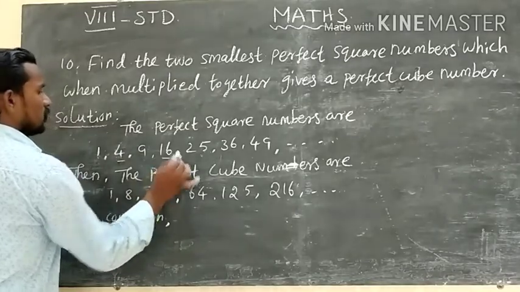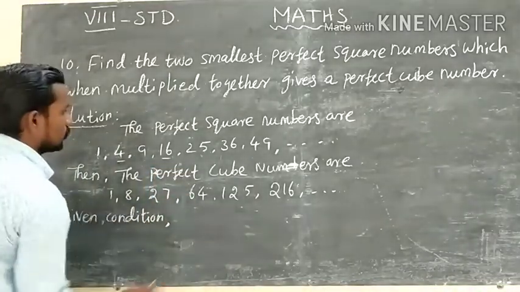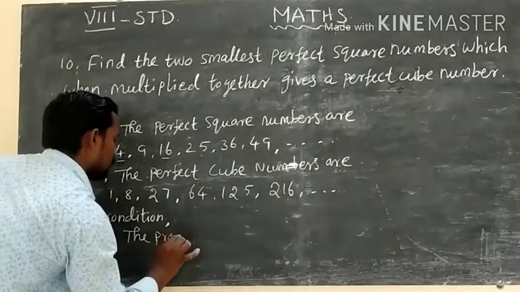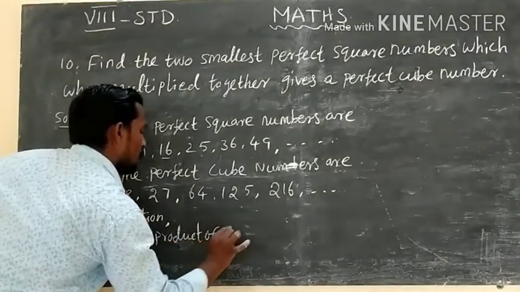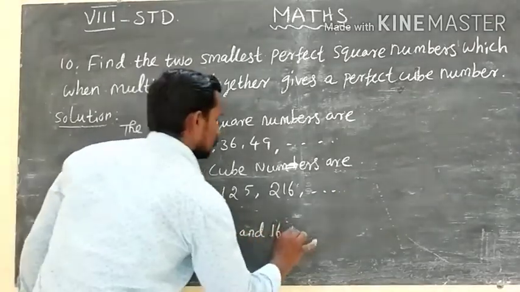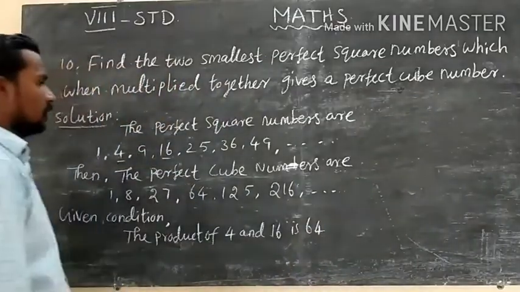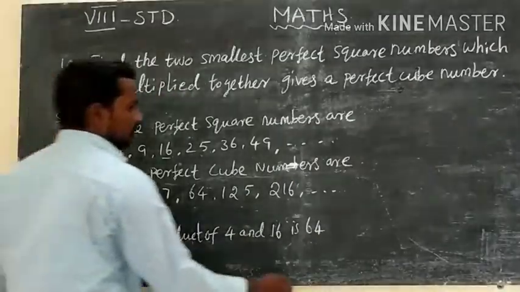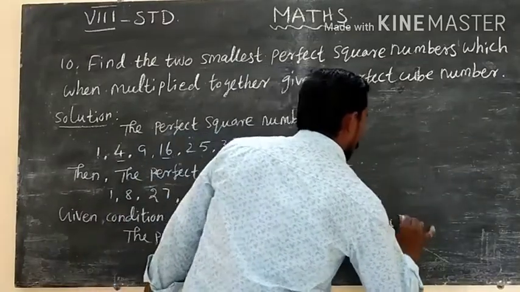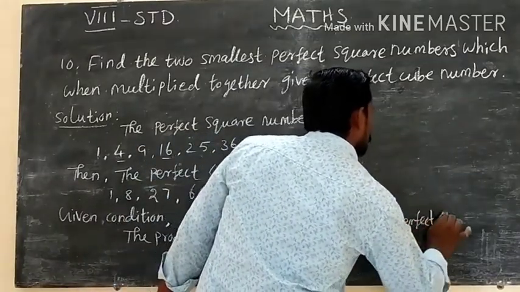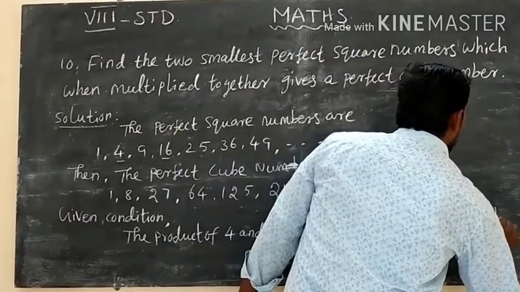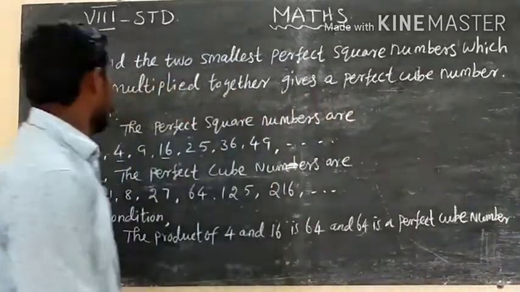Select these two numbers. The product of 4 and 16 is 64, and 64 is a perfect cube number. Okay, that's all.